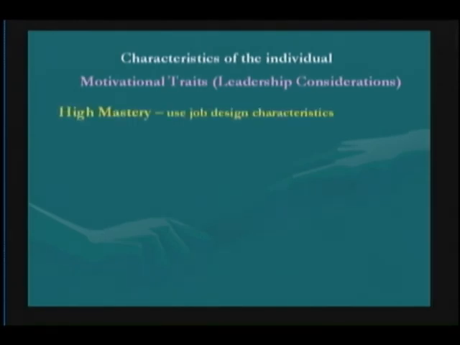First, if the individual is high in mastery, use the design characteristics model that we presented in the previous session. This focuses on individuals who have high growth needs, who want to do things that are important or purposeful or enjoyable, which is laid out in the design characteristics model.